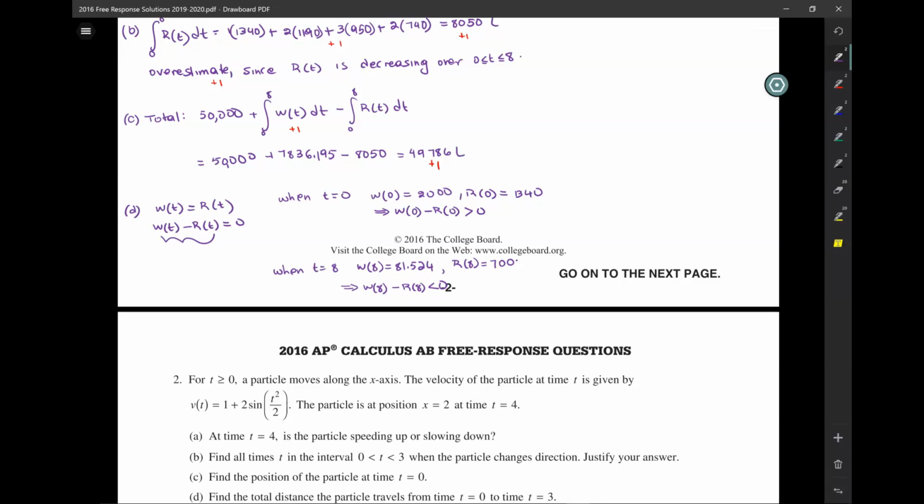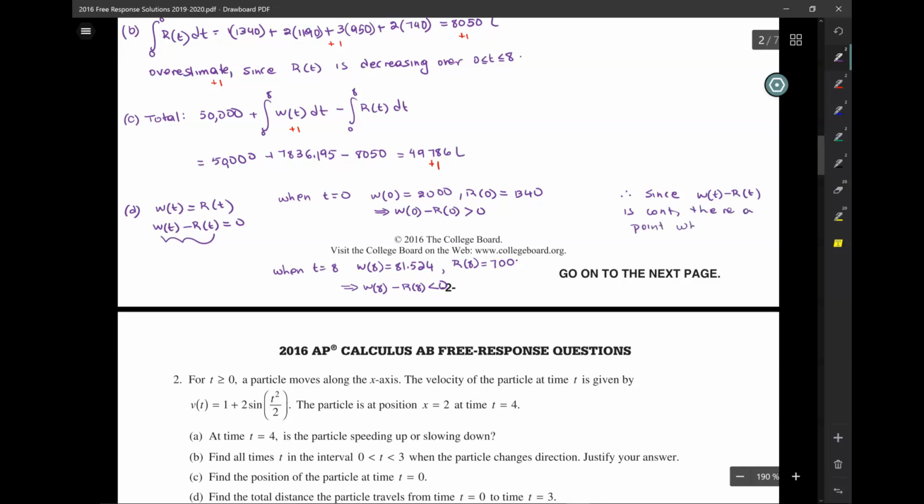Because there is a sign switch, because it goes from positive to negative, you say, therefore, since W of t minus R of t is continuous, there is a point where W of t minus R of t is equal to 0. And we already established that that means that they're equal, so we're good to go.